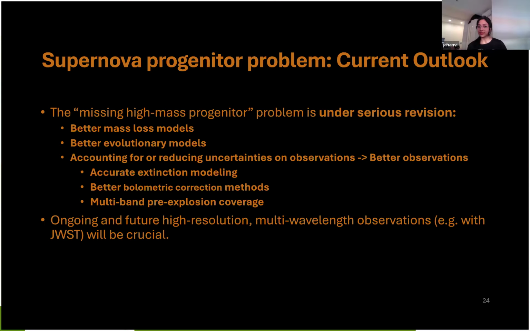As I said, all these error bars and uncertainties depend on how we model the extinction and what bolometric correction we are using, which also means that we need to take into account the correct spectral type of each star. And then we definitely need multi-band pre-explosion coverage. Maybe we can rely on multi-band observations by, for example, JWST for high-resolution images to solve the problem.